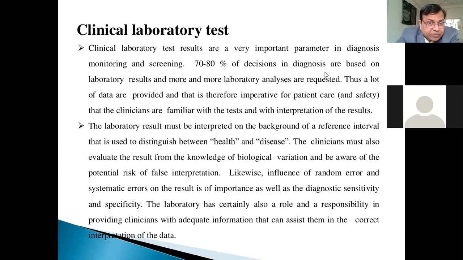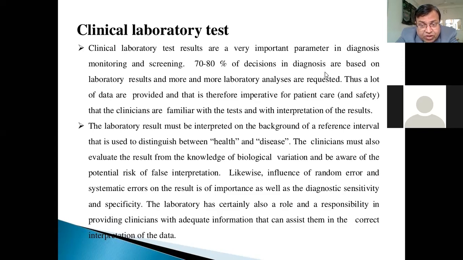The laboratory result must be interpreted against the background of the reference intervals and used to distinguish between health and disease conditions. The clinicians must also evaluate the result with knowledge of biological variation and be aware of the potential risk of false interpretation.